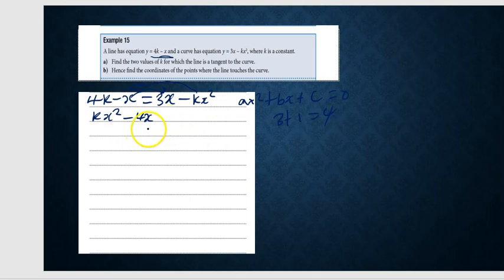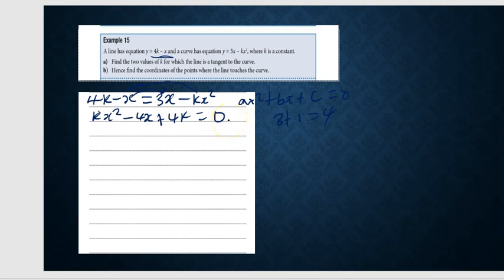So we have negative 4x plus 4k. So this is equal to 0. So we can rearrange this to be equal to 0 as we have done.